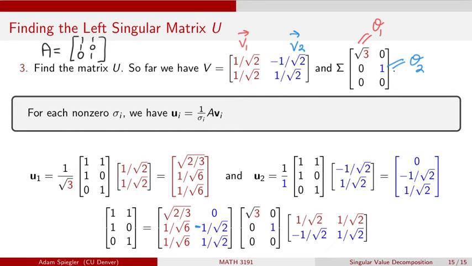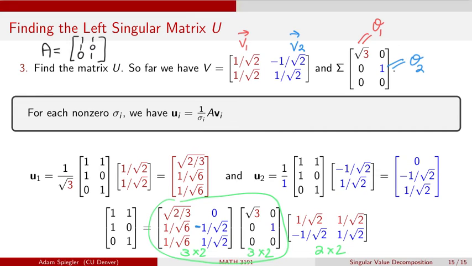And if you look at this product, maybe something looks weird to you. This first matrix is a 3 by 2 matrix, and this second matrix, sigma, is a 3 by 2 matrix, and this last matrix is 2 by 2. So this product, as we've written it, of U times sigma is not defined.